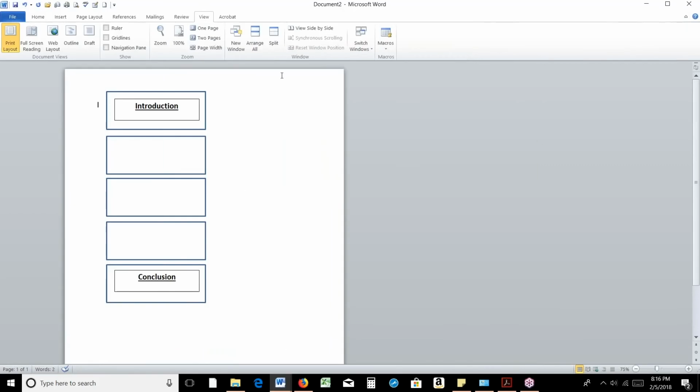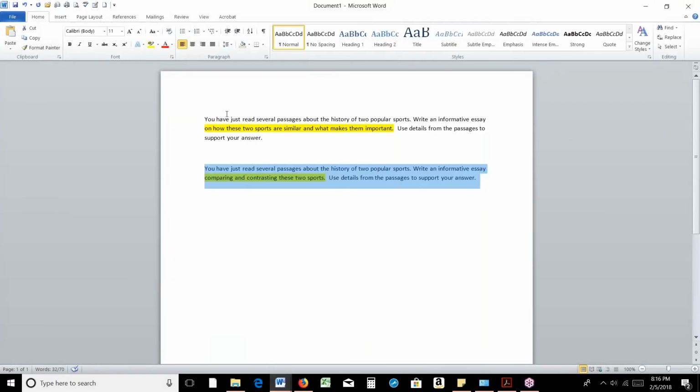They're always going to have their introduction and their conclusion. Let's say the prompt is the one about how baseball and basketball are similar and important. Let me bring that one back up for you real quick. I'm going to copy and paste this down so you can see it.